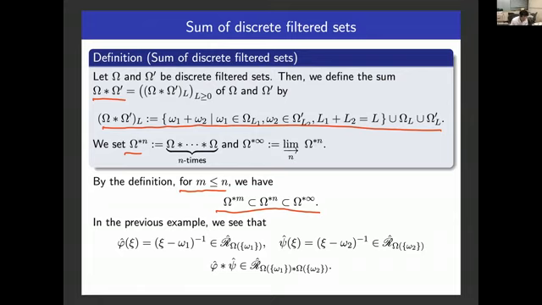In the previous example, we see that φ̂ is in R̂_Ω1 and ψ̂ is in R̂_Ω2, and the convolution product is here. The seat structure of the convolution product is described effectively by using the sum of discrete filtered sets in this way.